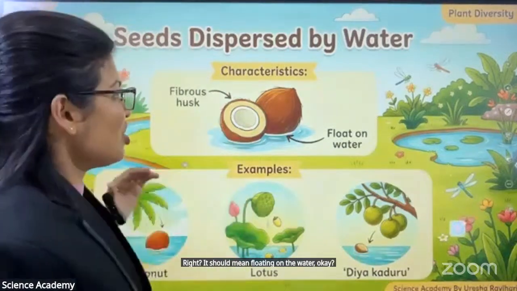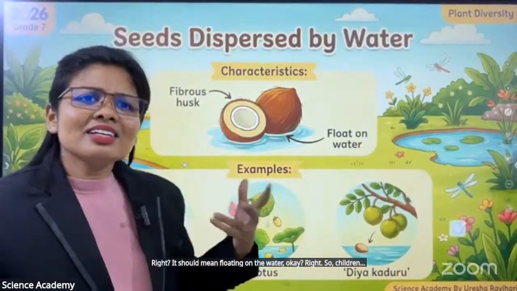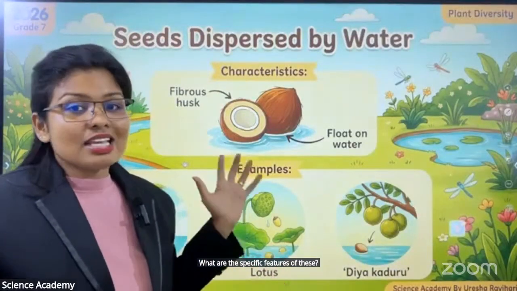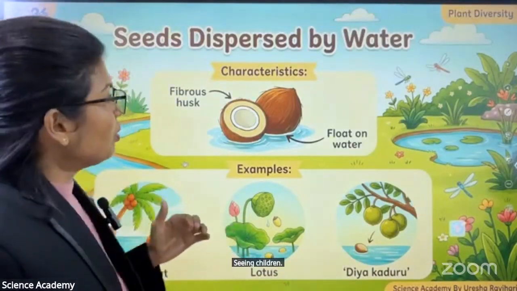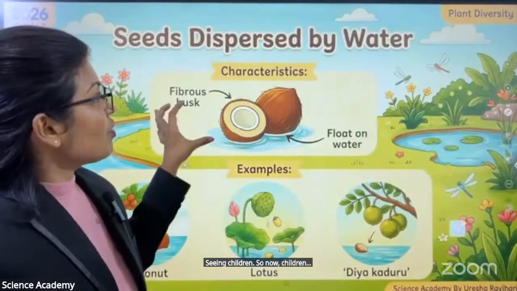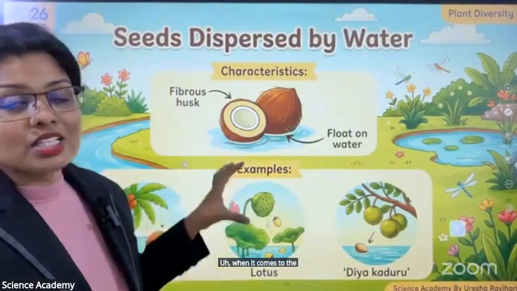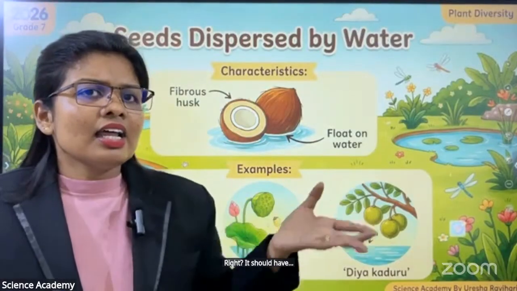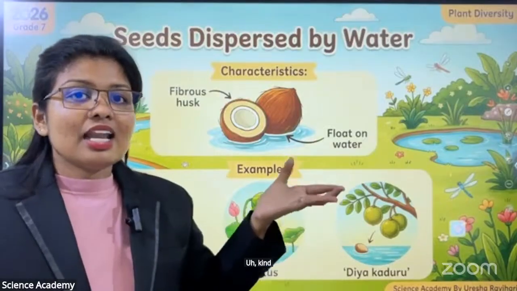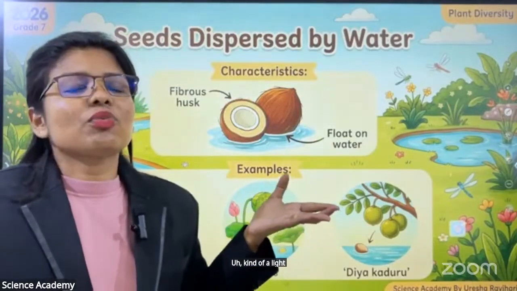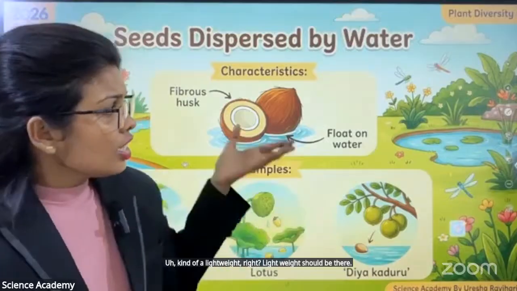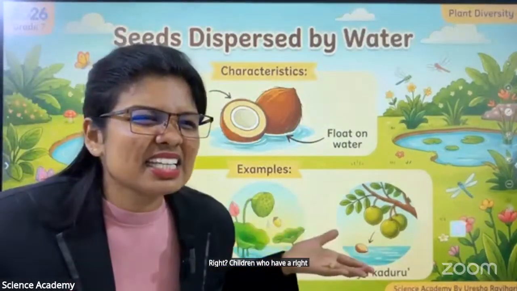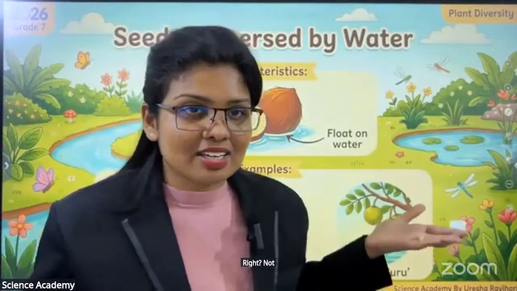So children, what are the specific features of these seeds? When it comes to the seeds dispersed by water, it should have a kind of light weight, right? Light weight means not much heavier.